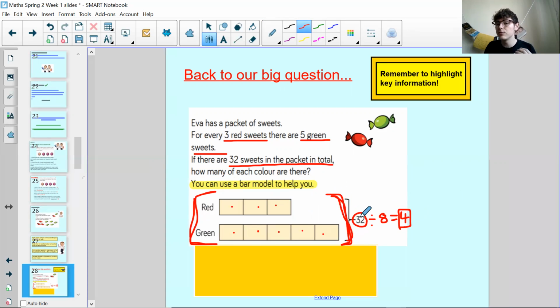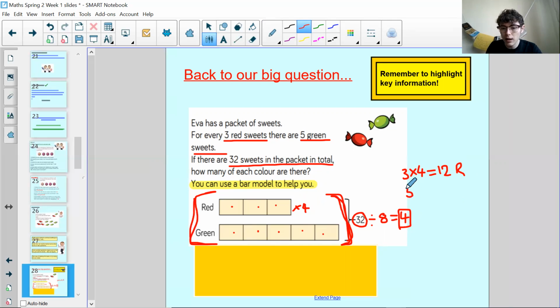So all I need to do now is times each of my colors, the red sweets and the green sweets, by 4. So I'll be timesing 3 by 4, which gives us 12. So we've got 12 red sweets, and then green, we know we've got 5.